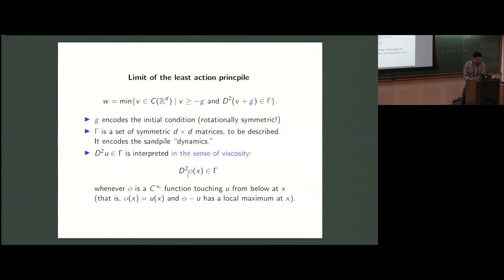Now, there are some technicalities with how you interpret this minimization problem. On the one hand, you want to minimize over a very large family of functions. That's helpful. So you want to minimize over all continuous functions. But then you have to say what you mean by the Hessian, because you can't just take second derivatives or even first derivatives in a classical sense. And so you do this in the sense of viscosity.